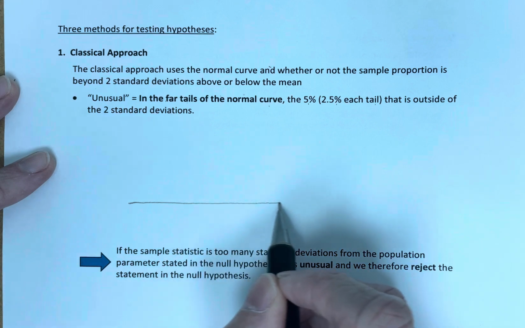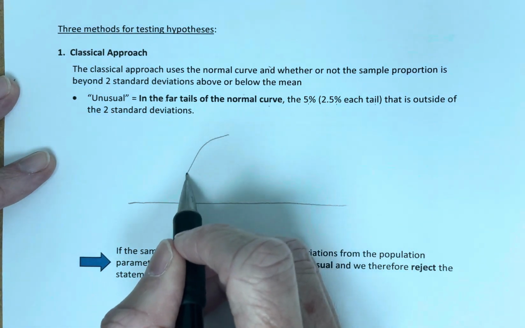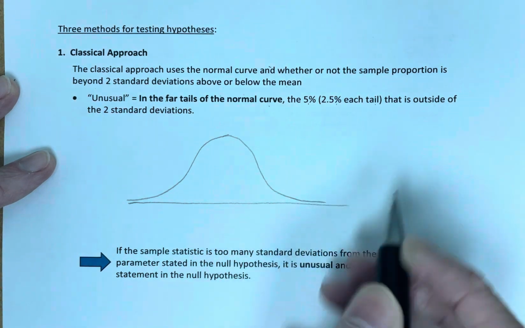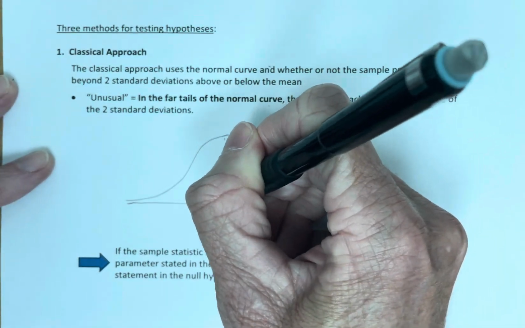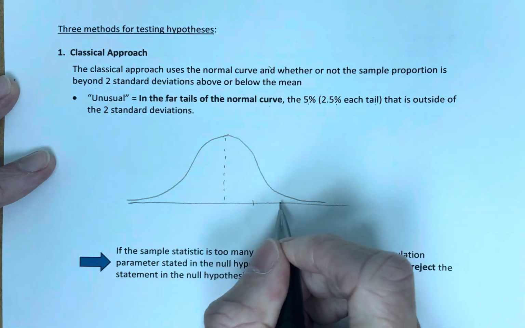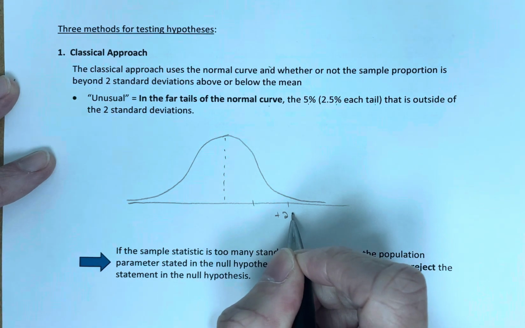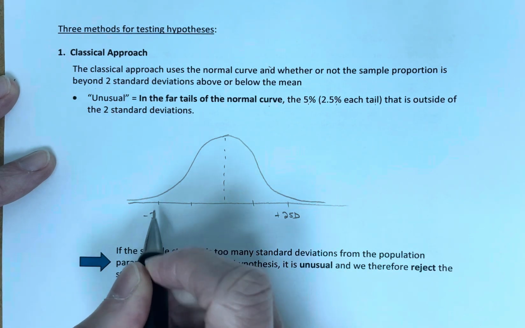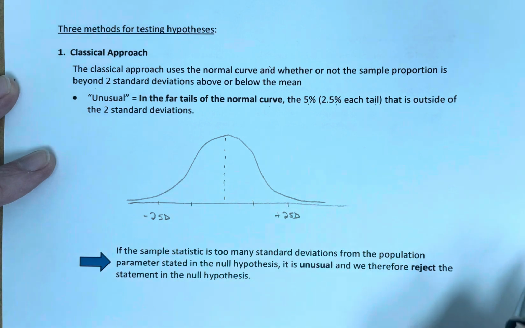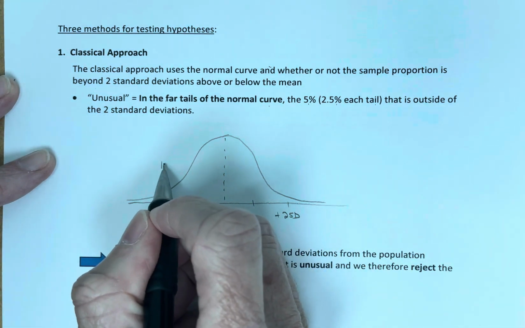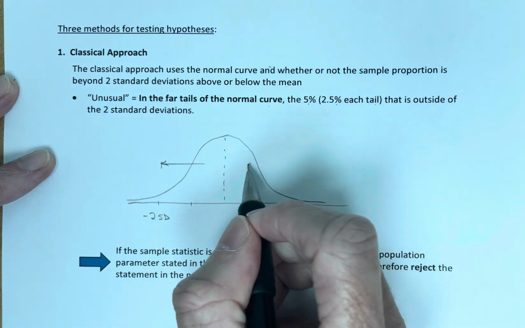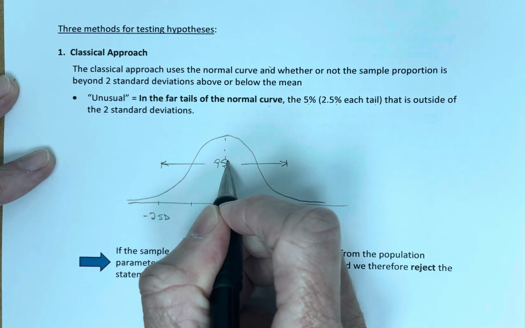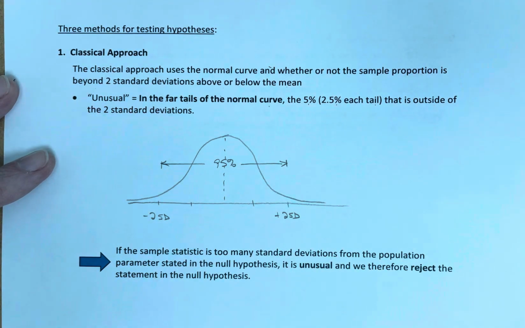So let's just remind ourselves what this looks like. Here is an okay drawing of the normal curve. There's your mean or your average. We go out positive 2 standard deviations, and we go out this way to minus 2 standard deviations, and we know that according to the empirical rule, between these two represents 95% of our data.